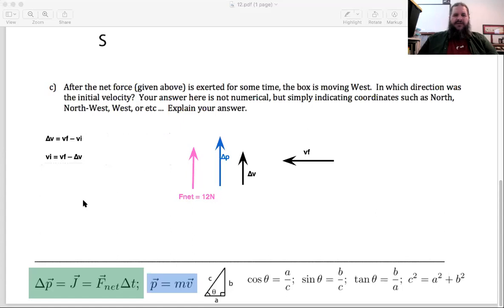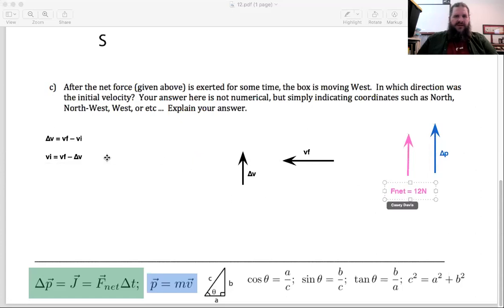So that's really all we need to do here. And we don't have any numbers, of course, so we'll have to do this geometrically. But we can say that, let me move these aside, v initial is v final minus delta v. And we've got some options here. One way would be to add v final plus the opposite of delta v.